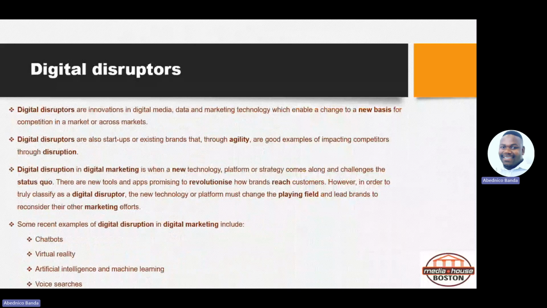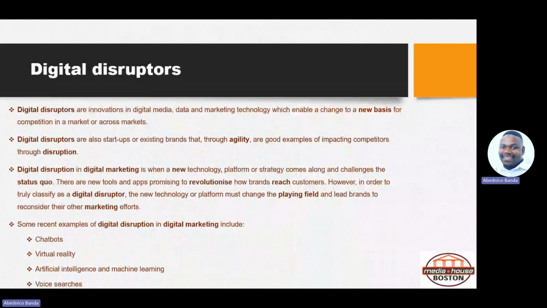So digital disruptors are innovations in digital media, data, and marketing technologies, which enable a change to a new basis for competition in a market or across markets. And disruption, guys, can result in death. Think of the death of digital platforms like Mixit. Think of the death of digital platforms like BBM, BlackBerry.